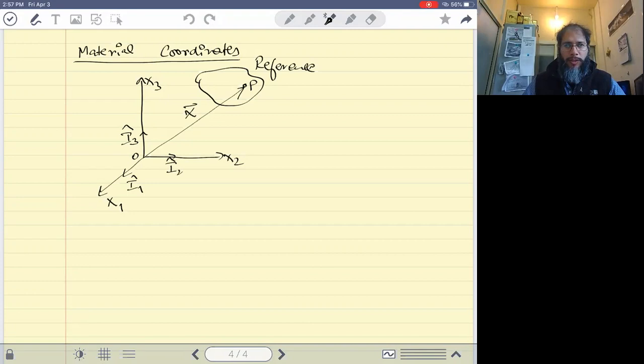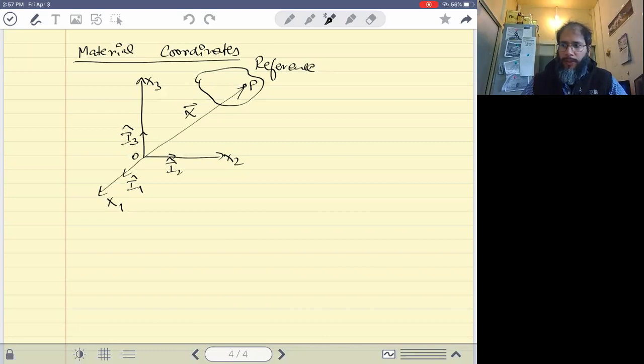So what you may notice here is that the unit vectors, unlike E1, E2, and E3, I'm using capital I1, capital I2, and capital I3. Okay, so that's a common way to write unit vectors in the material coordinates.